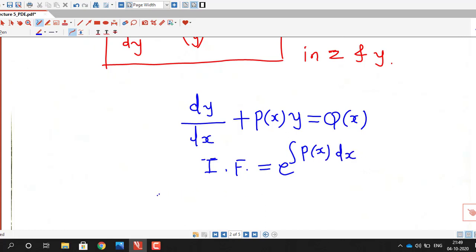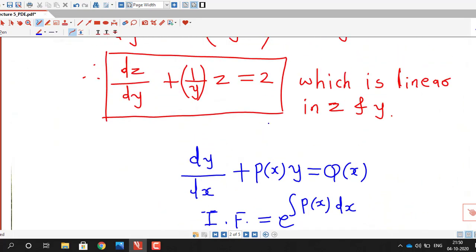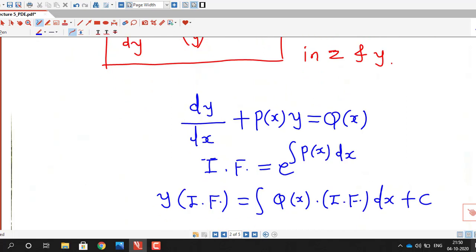And the formula for the general solution is y, which is the dependent variable, into integrating factor equal to integral of the right hand side, that is q(x), into integrating factor dx plus constant of integration. So using this formula we have to find the solution of this integral.